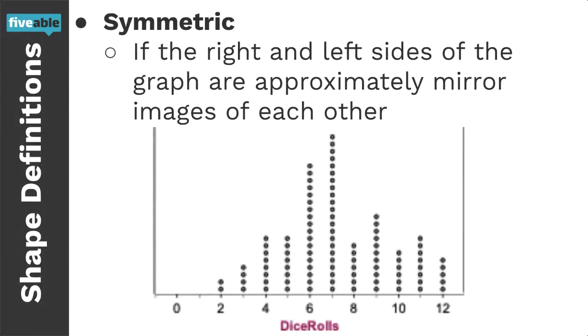If the right and left sides of the graph are approximately mirror images of each other, we call that symmetrical. Statisticians really like symmetrical data. It allows us to do some great calculations. So symmetric is one way to describe the shape of a distribution, and it occurs when the right and left sides of the graph are approximately mirror images.